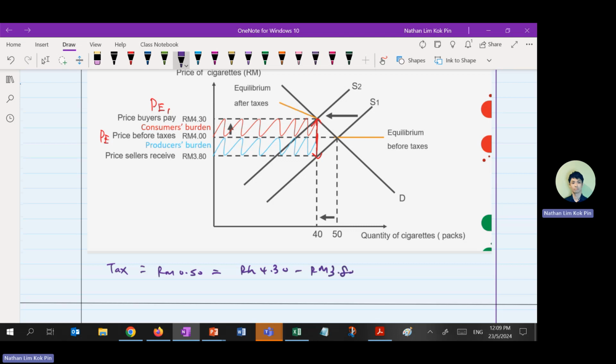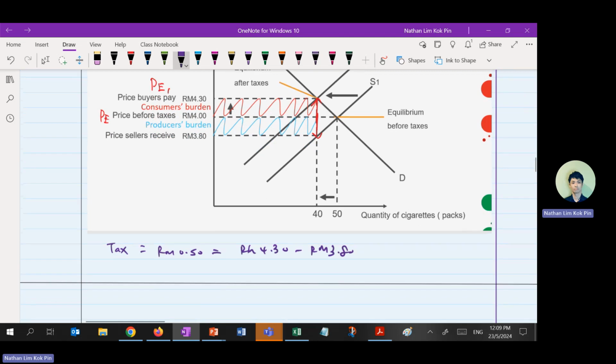But why, when the PE increases because the supply decreases, from PE to PE1, is it only increased by 30 cents instead of 50 cents?